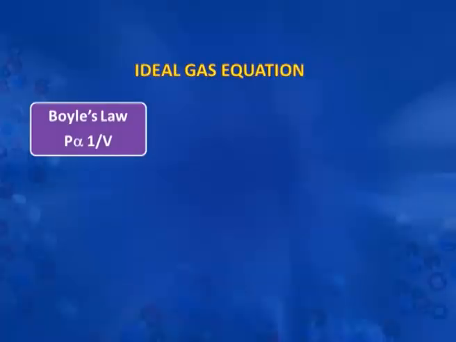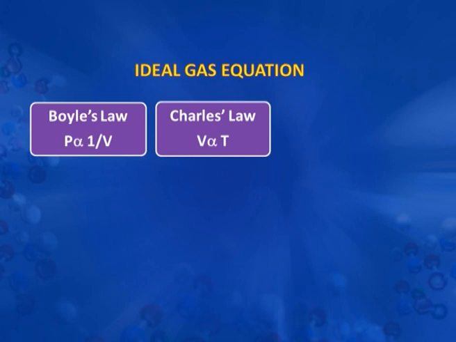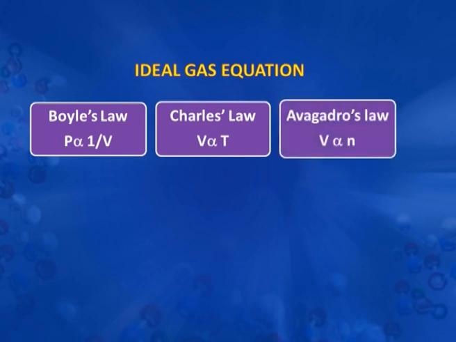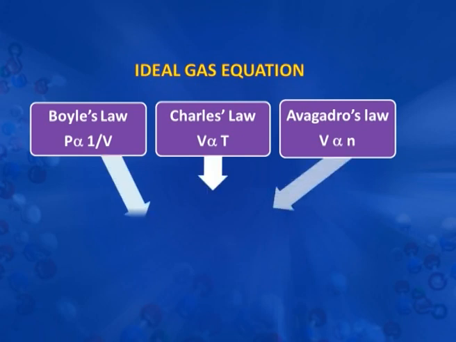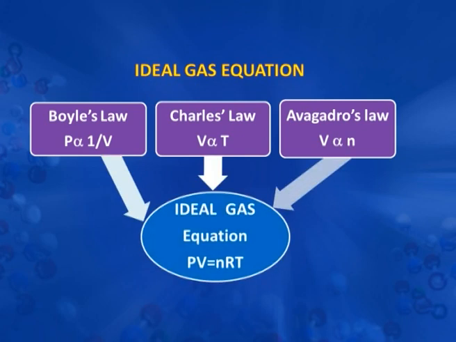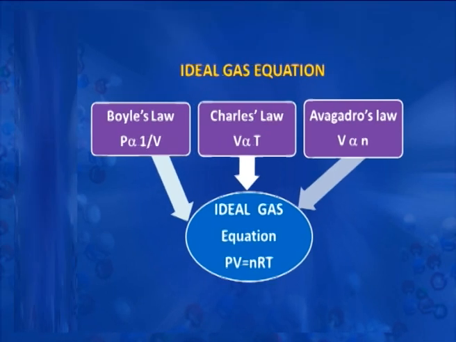After combining these three laws, Boyle's law, that is P is inversely proportional to volume, Charles' law, that is V is directly proportional to temperature, and Avogadro's law, that is V is directly proportional to n, we get the ideal gas equation, that is PV equals nRT.